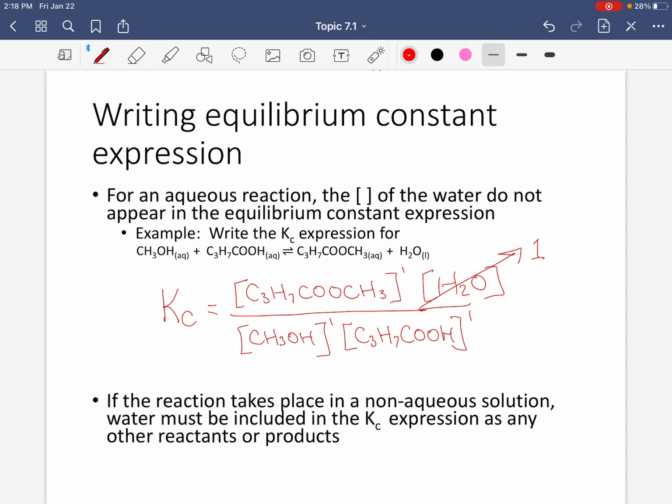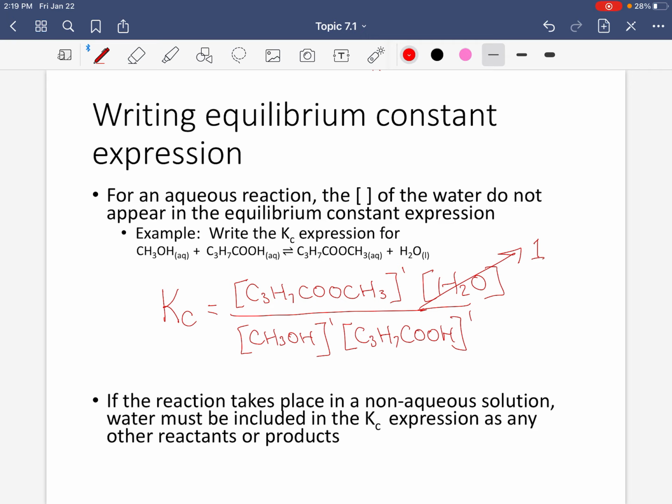If the reaction takes place in a non-aqueous solution, water must be included. So this is when water has to be included in your Kc expression. Okay? It is when you see that this is part of a non-aqueous situation. This is an example, but not a good one because it's not really an equilibrium expression.